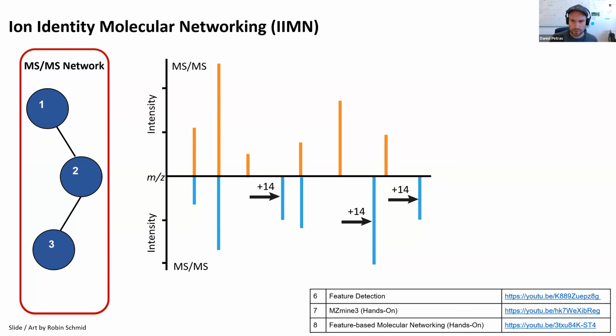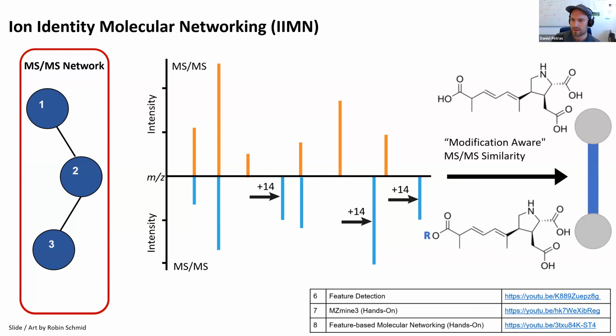So if you compare 2 spectra that differ by, for example, a precursor mass of 14, you would also allow these offsets to occur for some of the fragment ions. And then what you would hope is to generate this modification aware MS-MS similarity, where we can connect nodes from different molecules that share most of the pattern, but have a modification.